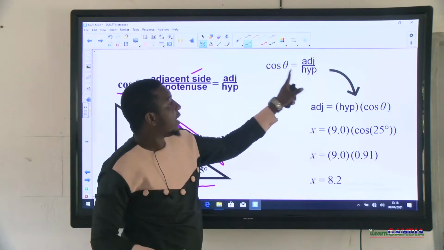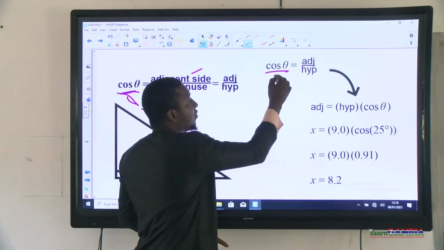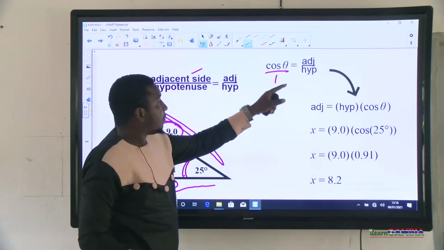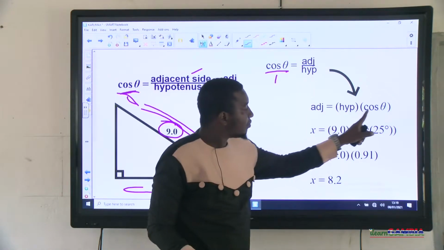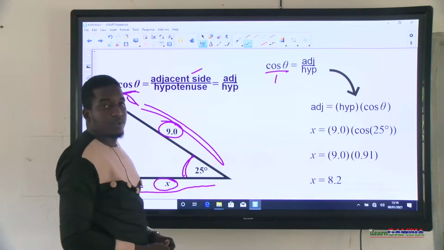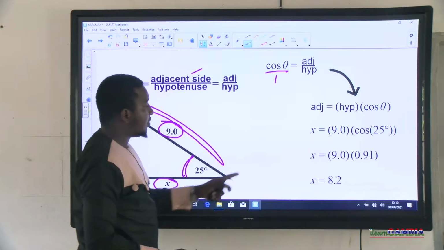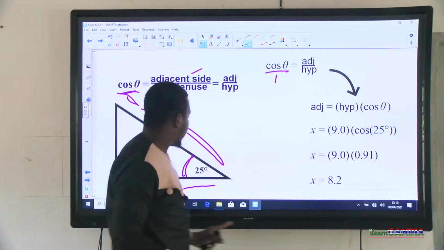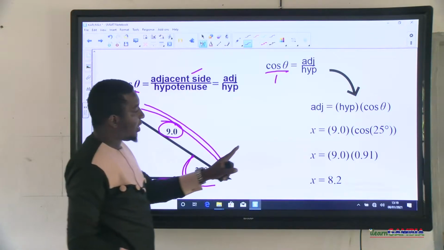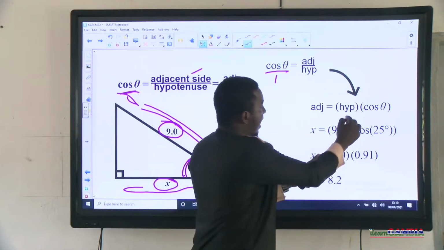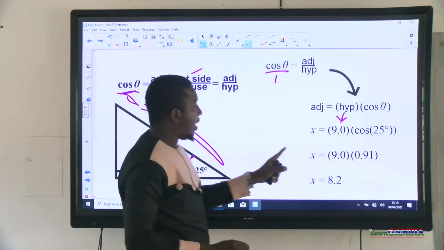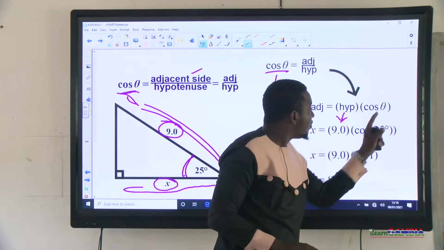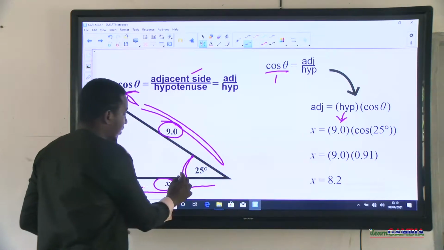If you cross multiply, you have adjacent equal to hypotenuse multiplied by cos of the angle theta. Since the adjacent is x, x is equal to the hypotenuse, 9.0, multiplied by cos of 25 degrees.